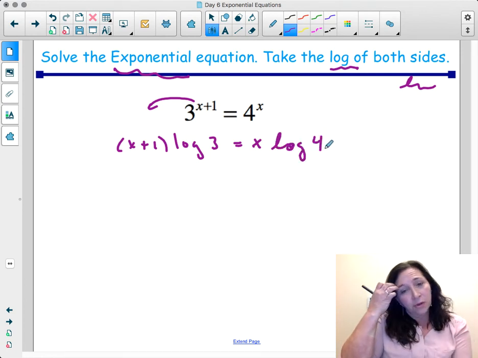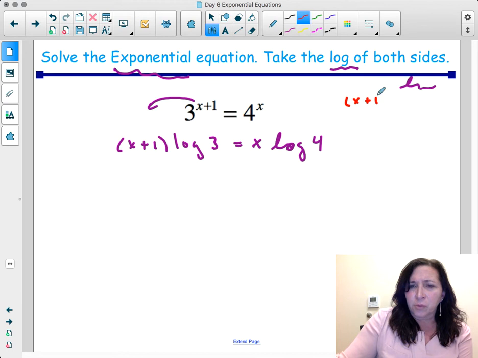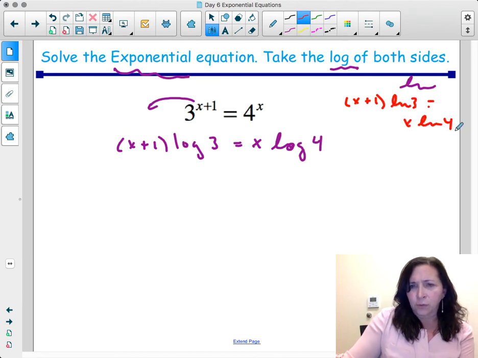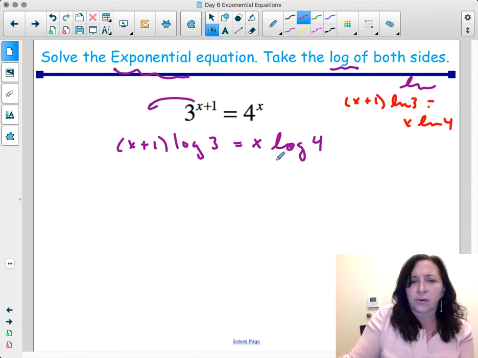Now, I am equally okay to do this: x plus 1 ln of 3 equals x ln of 4. You're going to get the same answer when it's all said and done using either.